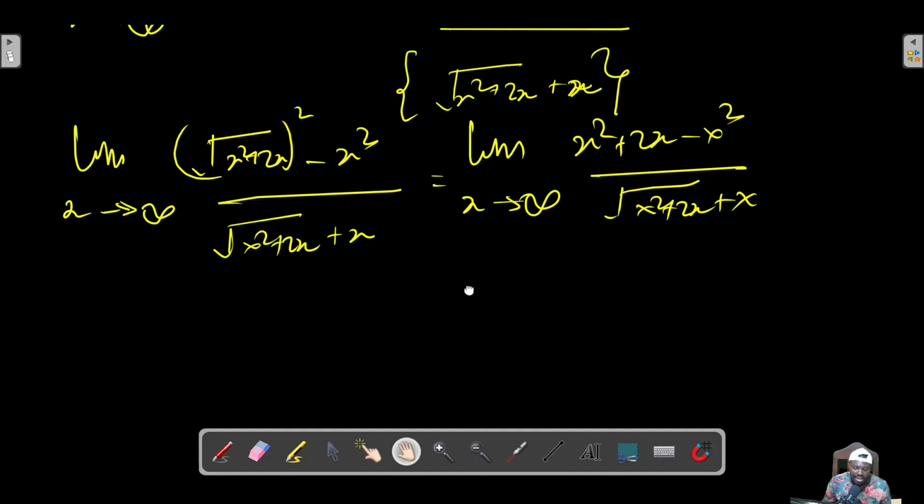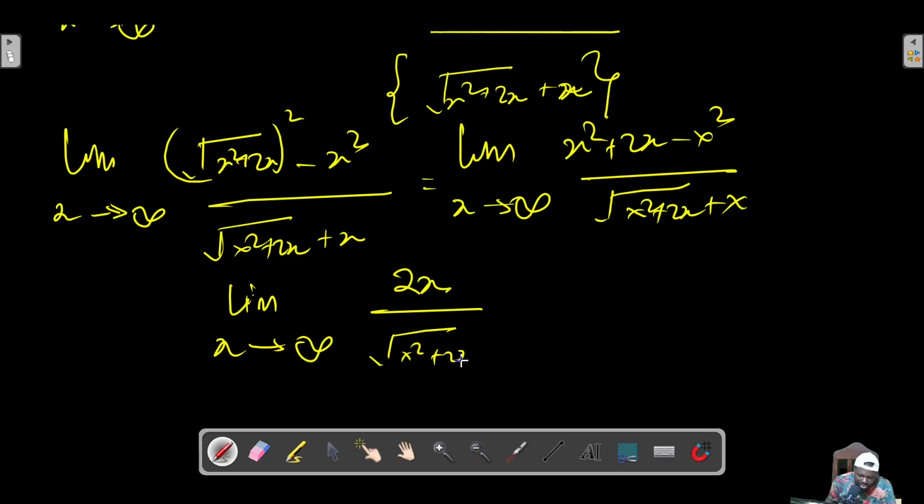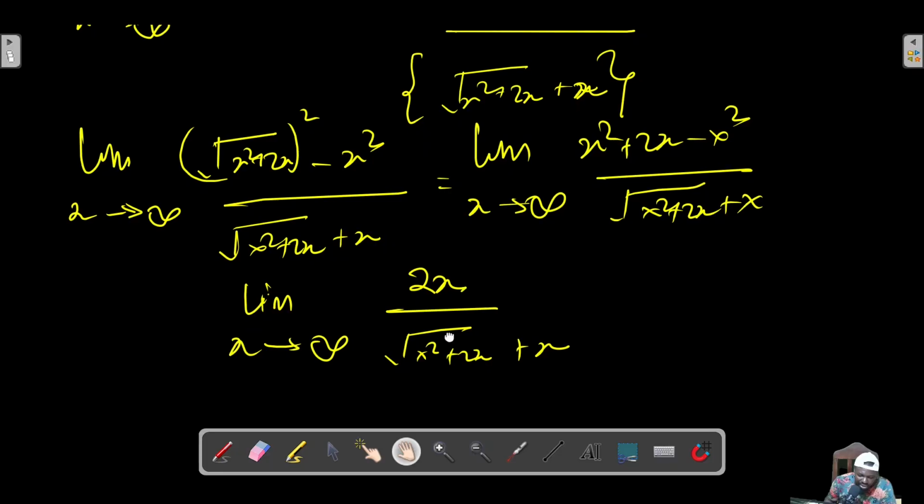What do I get? I get limit as x approaches infinity of x squared plus 2x minus x squared, all on root of x squared plus 2x plus x. Now from here, the job is done. So x squared minus x squared goes away, leaving 2x on root of x squared plus 2x plus x. Here I can perform some algebraic manipulation.